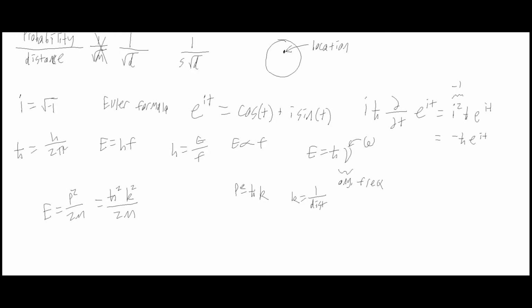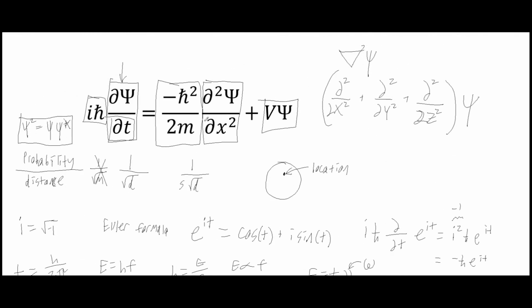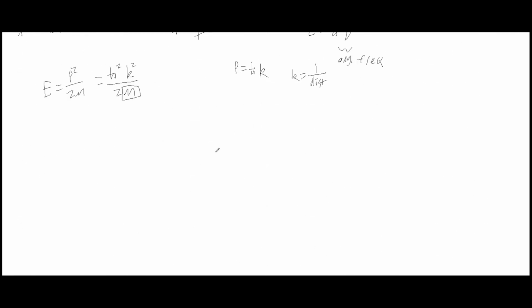Since we know that momentum is equal to h bar k, then momentum squared must be h bar squared k squared. And like I said, this right here is the mass. And we saw earlier that we could use these relations to actually end up, quote-unquote, deriving this time-dependent Schrodinger equation here.